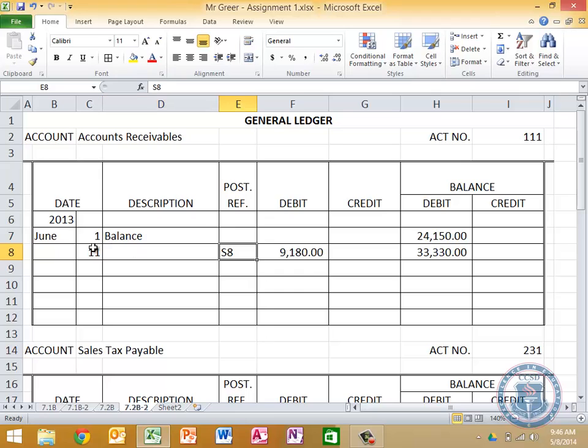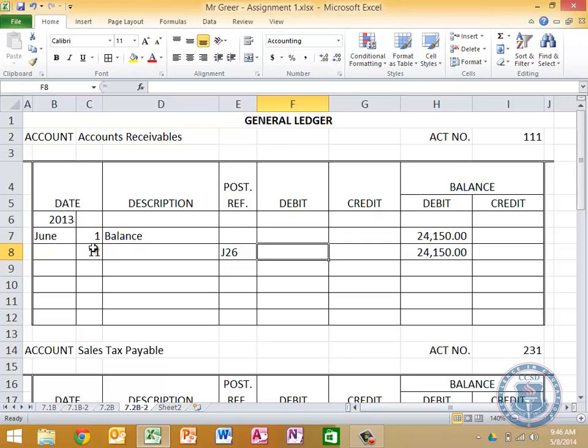So I'm going to come over here and I'm going to say on June 11th, we don't really have to put anything. This is from journal number, what was the page? I think it was 26. Journal page 26. Are we putting a debit into accounts receivables or a credit? What transactions, Lisa, riddle me this.